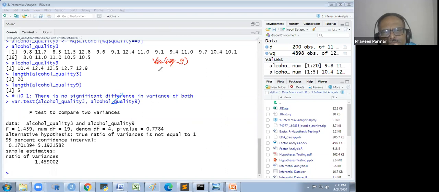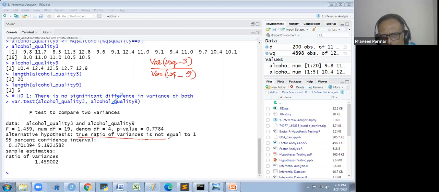There is a 3 we are writing first and 9 later.